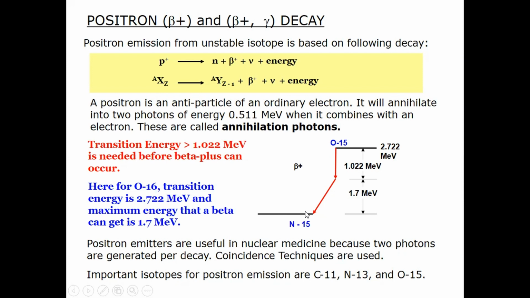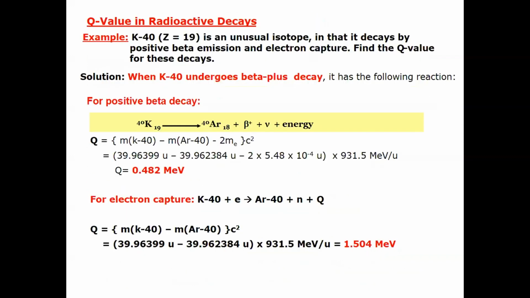But positron tomography gives the signatures and the correct view with the help of these radiations. Very commonly used positron emitters are carbon, nitrogen, oxygen, and phosphorus. Phosphorus-32 is also famous, and the PET machines employ these isotopes.